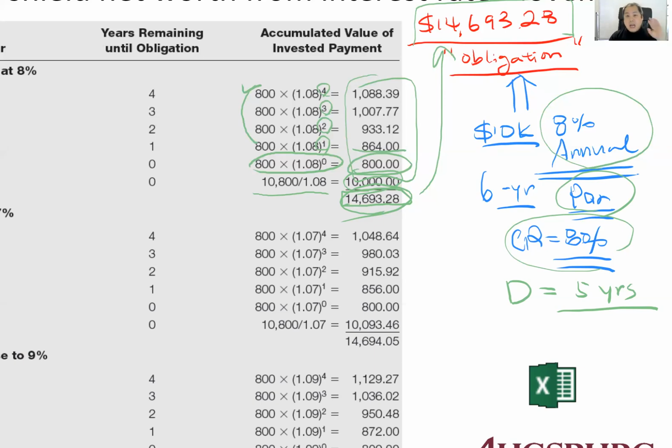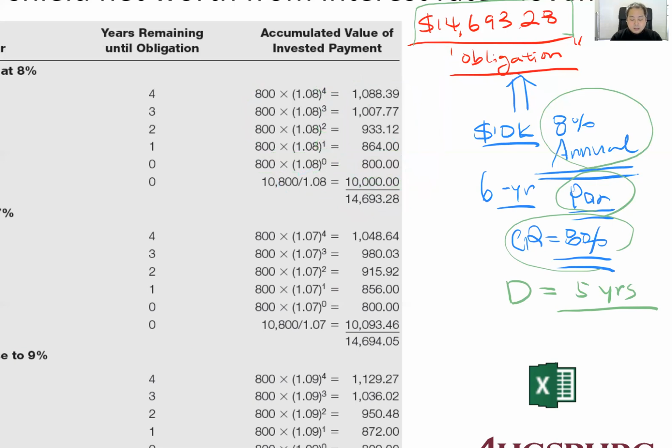But second, oppositely, the reinvestment rate also declines to 7%, which means your $800 coupon will be reinvested at 7%, not 8%. So let's look at the second case.